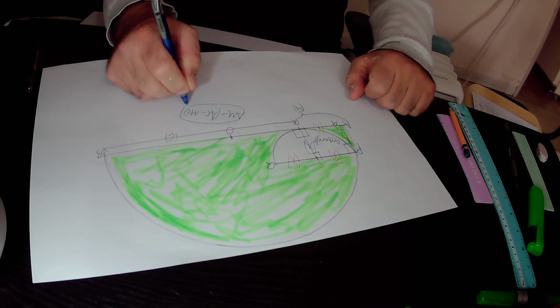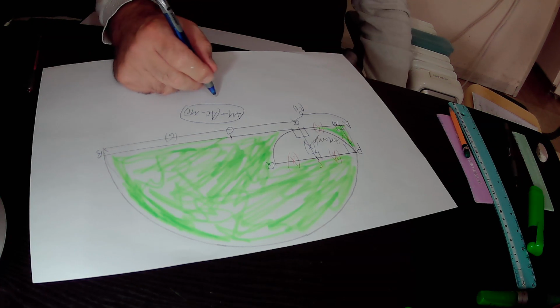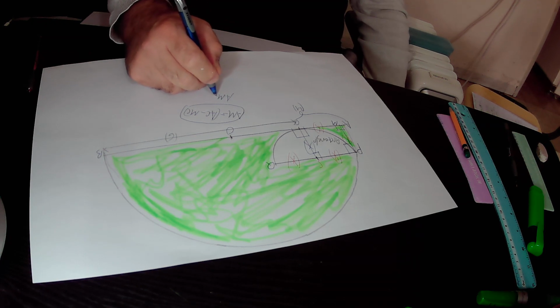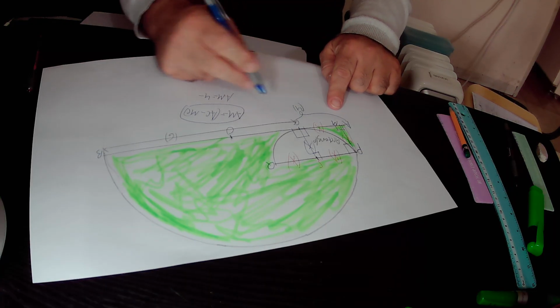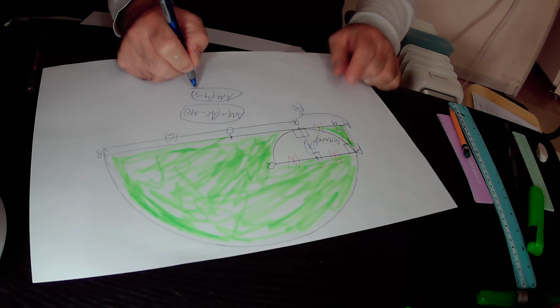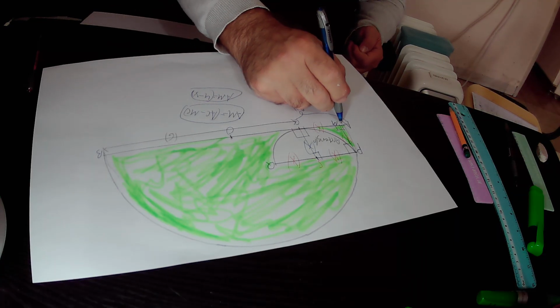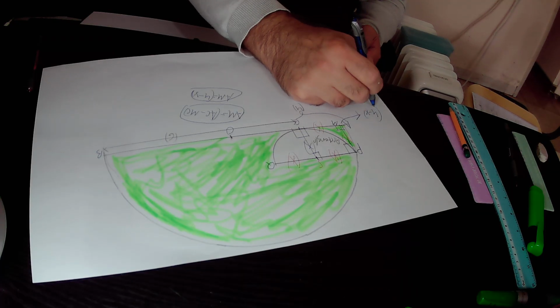AC is 4 according to what is given in the question. So AM equals 4 minus MC. We just found out that MC equals x. So in total AM equals 4 minus x units in length.